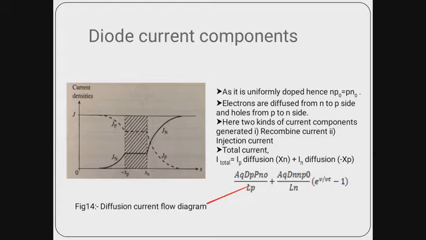This quantity would be 1, and it decays exponentially and reaches the zero axis as it migrates across the N-type semiconductor.